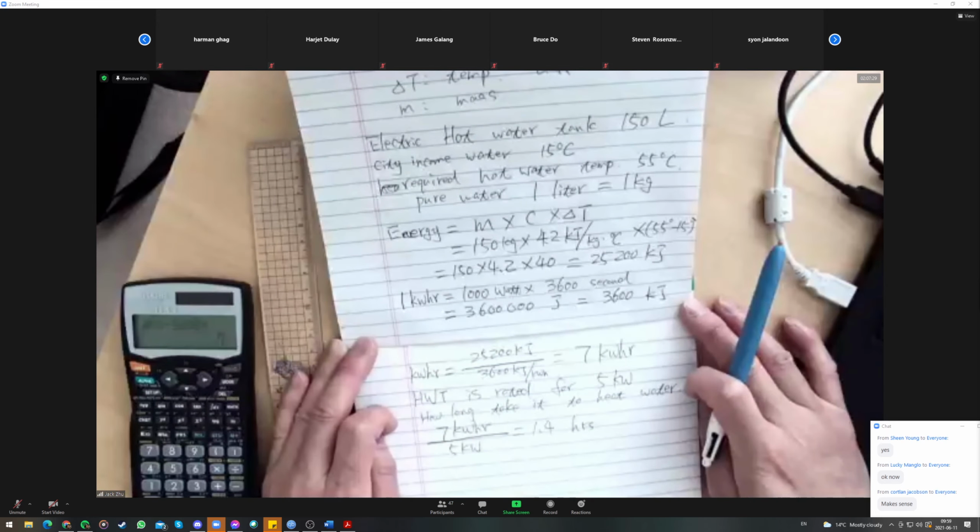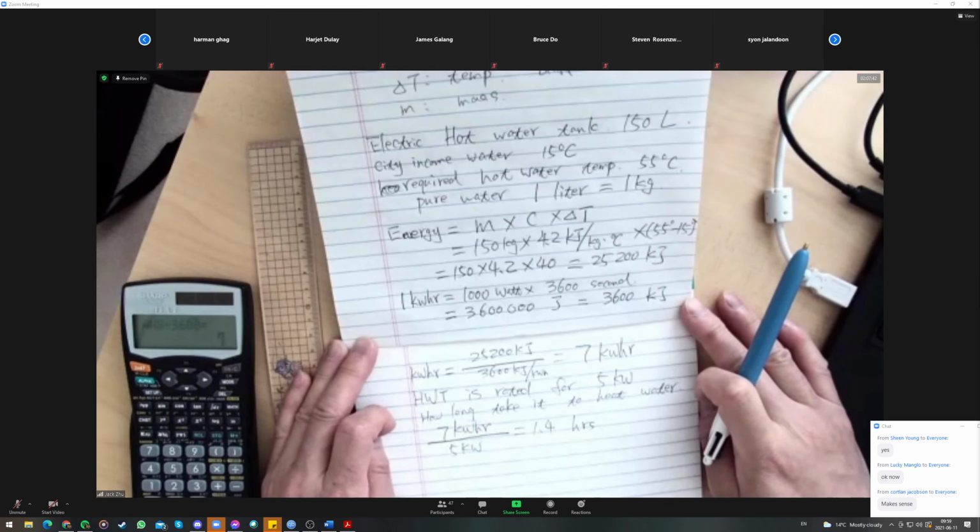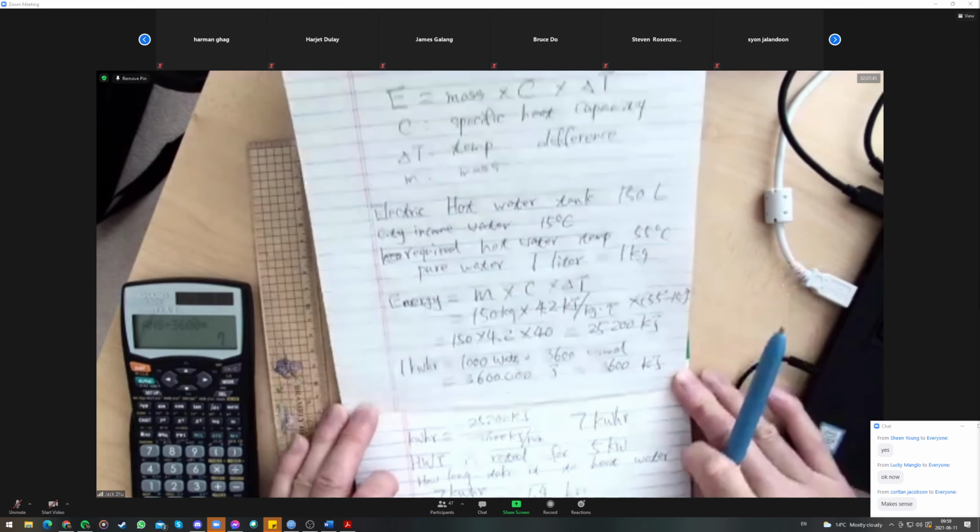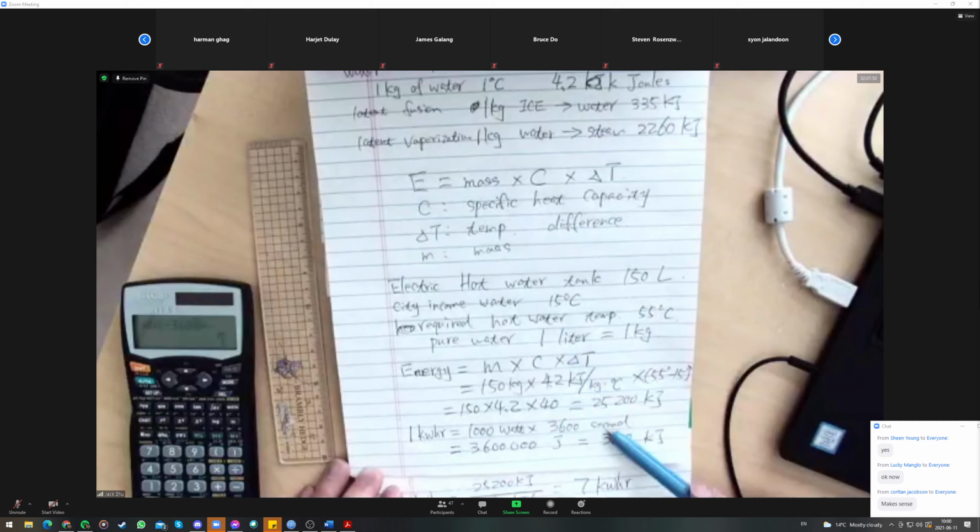Okay. Does anyone have a question or a difficulty or something you need me to re-explain? So this is the formula. You need to know this calculation.